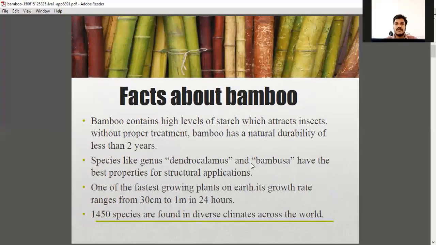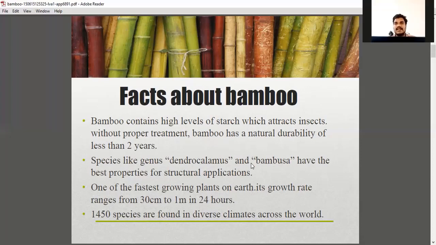And next, the main facts about bamboo. Bamboo contains high levels of starch. Generally bamboo is a tree, and of course lignin, cellulose, hemicellulose, and starch will be there in it.